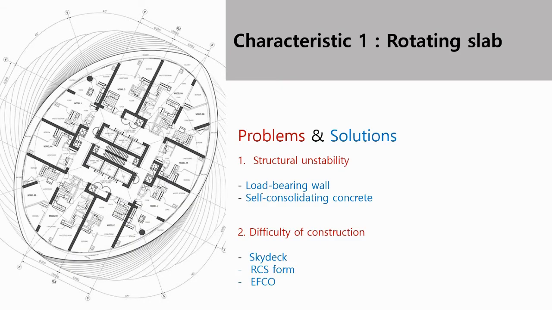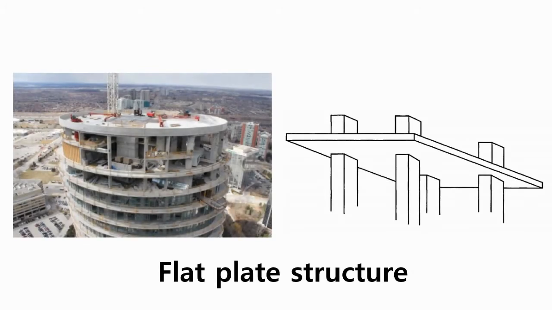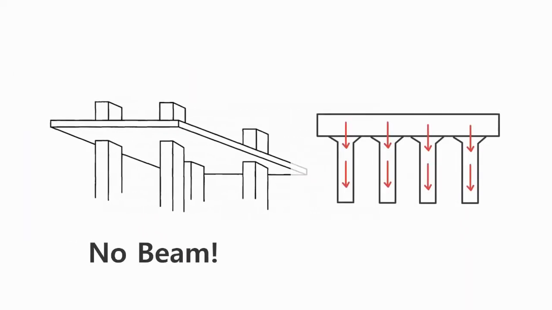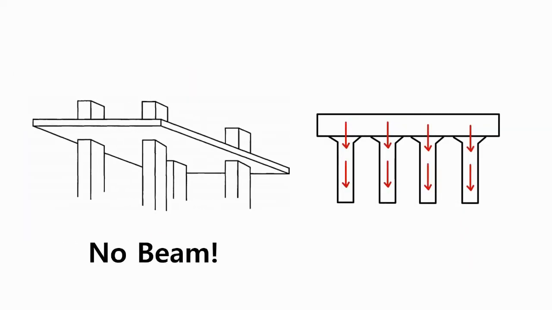The most conspicuous characteristic of the Absolute World Tower is the rotating slab. Also, an important feature is that it has a flat plate structure. It is a type of architectural structure consisting of columns and slabs without beams, which are horizontal structural members connected to columns, the vertical members, and supporting loads.